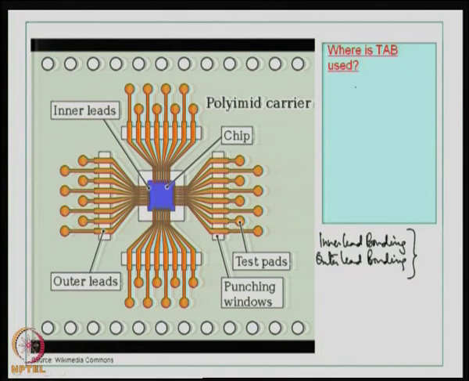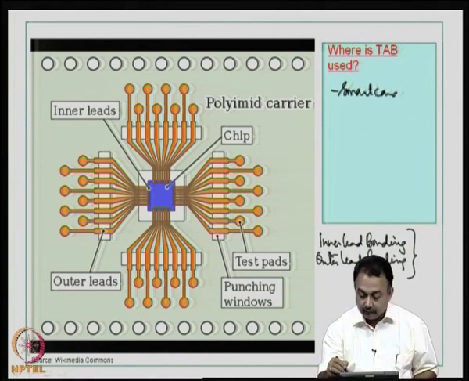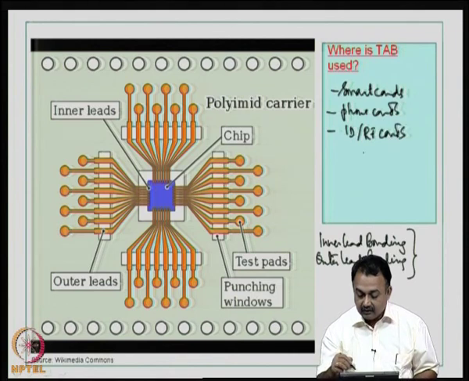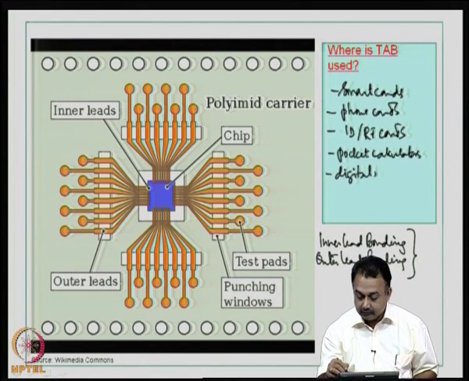Now, where is TAB used? Typically, you can use TAB in the manufacture of smart cards. These are used in phone cards, ID cards which use RF, etc. Pocket calculators, digital radios and so on.